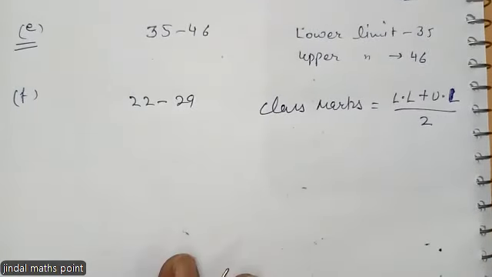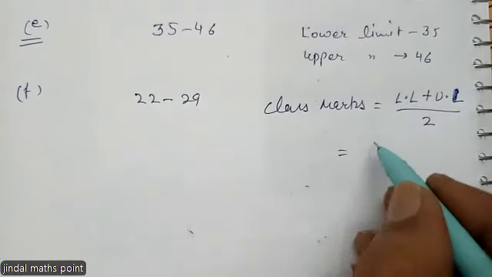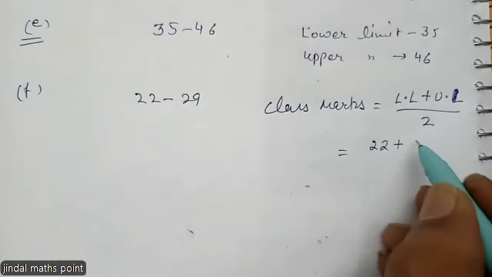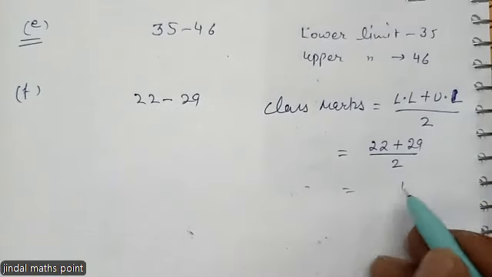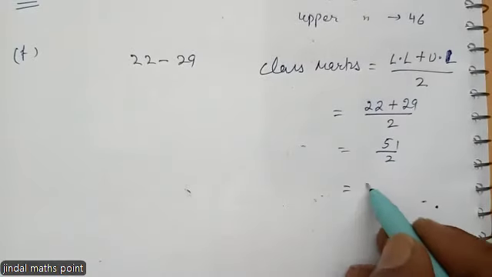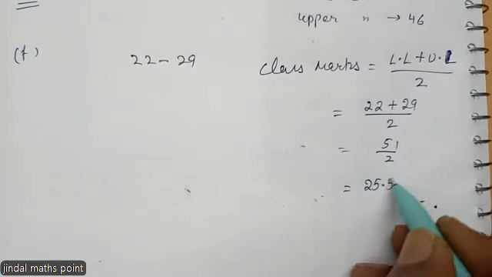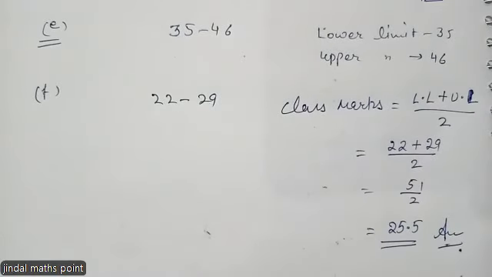Or what is the other name of class marks? That is the mid value. Lower limit is 20, upper limit is 29, divided by 2. 9 plus 0 is 9, 2 plus 2 is 4... 51 by 2. In decimal, we get 25.5 as the answer. This is our F part answer.